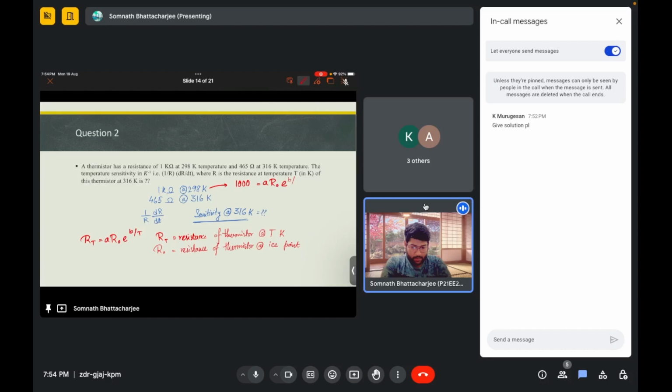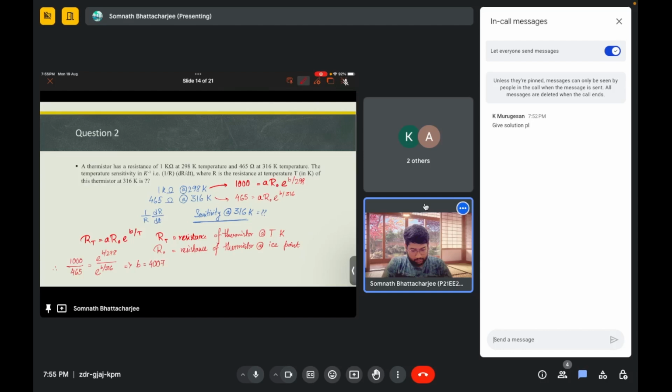So the value of B is in this. So from this you can directly calculate the value of sensitivity. Now tell me the value of sensitivity then. We have got the value of B in this equation, right? We have got the value of B, we have got the value of R_T already.